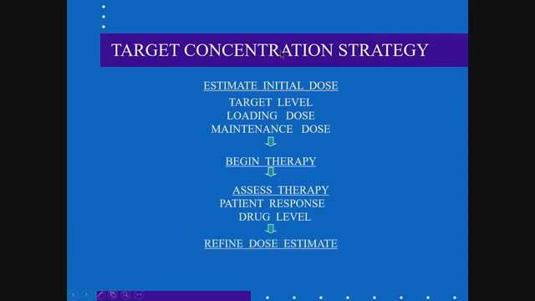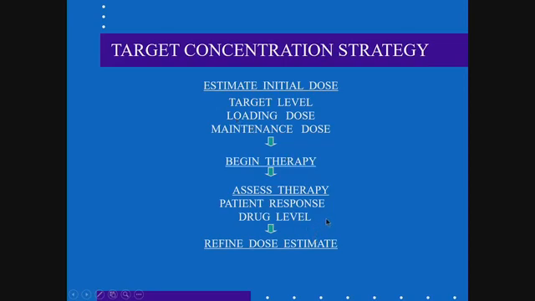We have an estimated initial dose that we administer with a target level in mind. Some drugs need a loading dose to establish a therapeutic concentration quickly, followed by maintenance dose. Other drugs we begin simply with a maintenance dose. Therapy is initiated, and then we have to evaluate the patient.